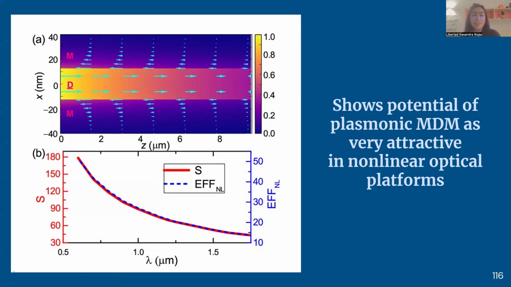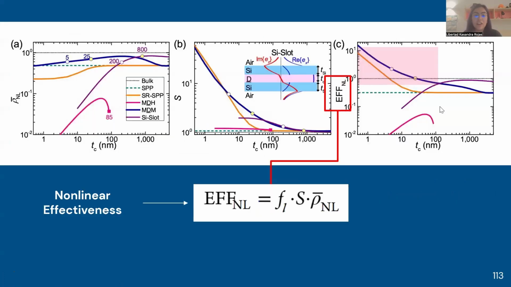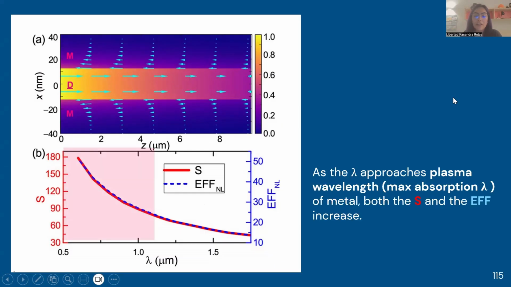Even with really high losses, as we saw here, the nonlinear effectiveness of photonic waveguides is this purple here, whereas our MDM are this blue here. So they're able to beat photonic waveguides, even with such high losses.